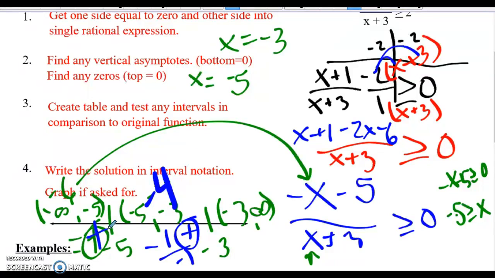And let's see, how about 0? Plug 0 in, 0 to the top gives me negative, 0 to the bottom gives me positive.